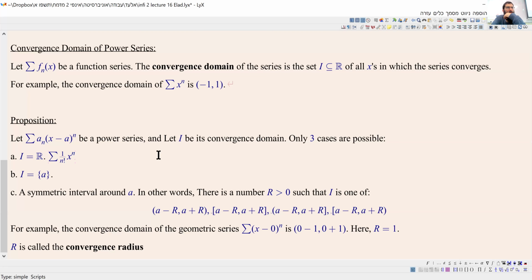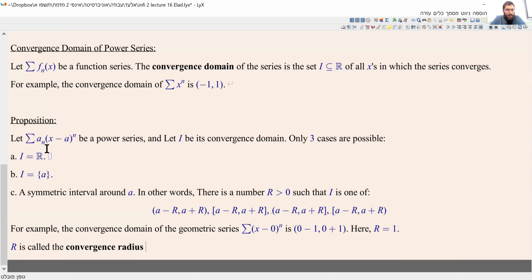Whatever x you put in, the factorial is stronger. It takes it to 0, and it converges. On the other hand, one can look at n factorial multiplied by x^n, and it only converges when x is actually 0.